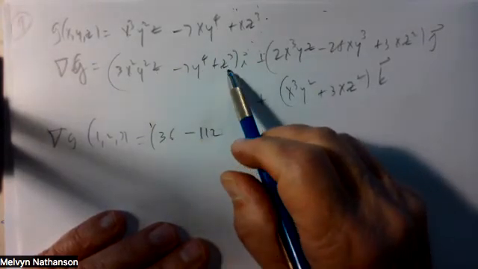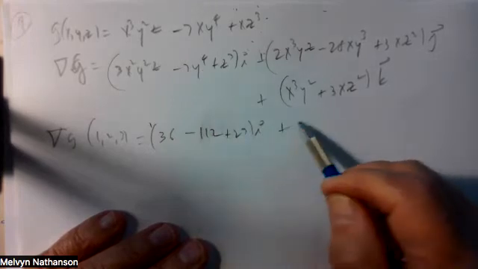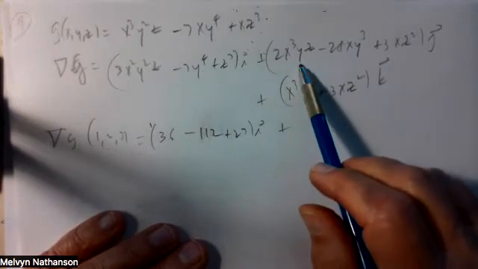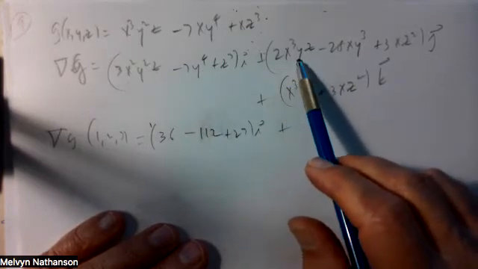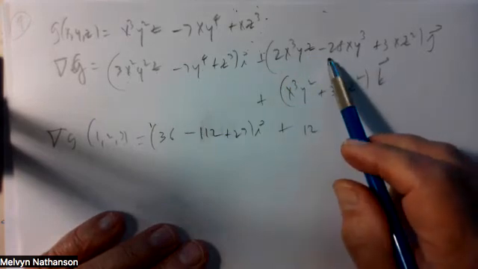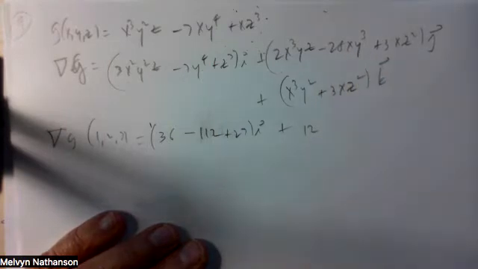And z cubed is 27. And the j component at (1, 2, 3) is 2 times 2 is 4 times 3 is 12 minus 28 times 1 times 8. 28 times 8 is possibly 224.